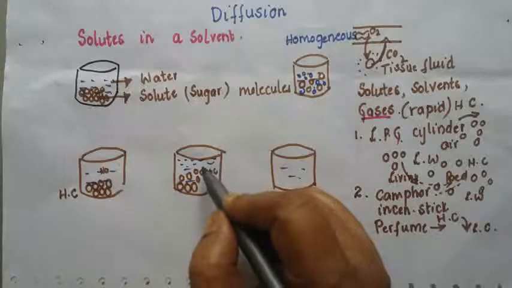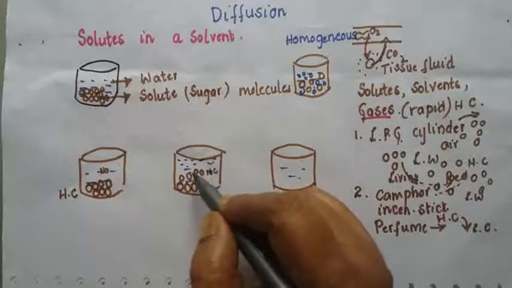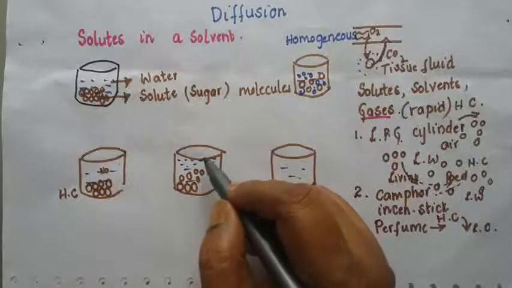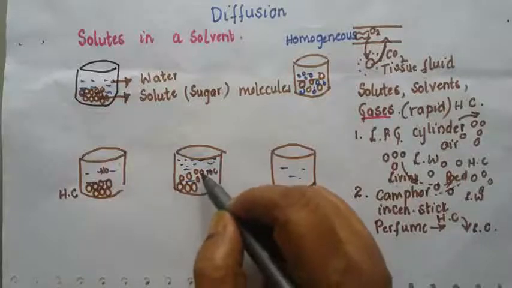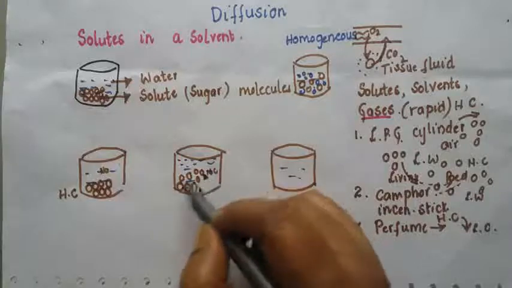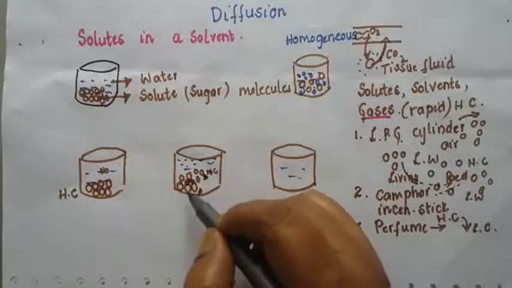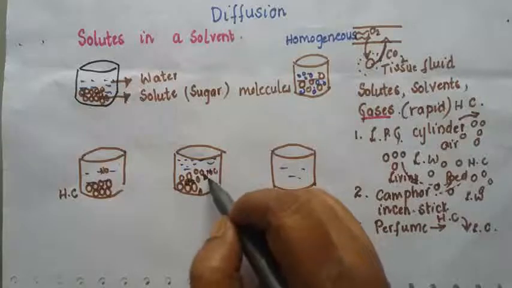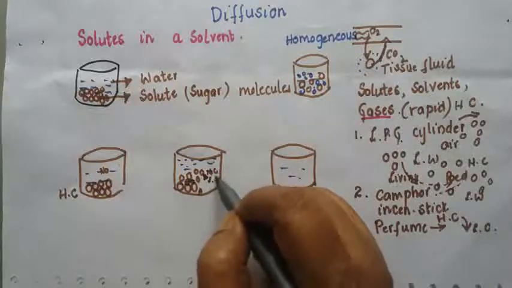If you compare the number of molecules here, this region becomes a region of higher concentration, and this region becomes a region of no concentration. If you compare these two regions, A followed by B, here you have a larger number of molecules, so they move from a region of higher concentration to a region of low concentration.